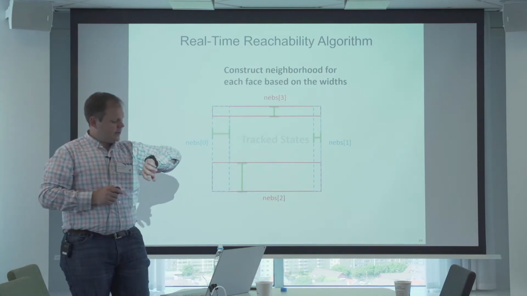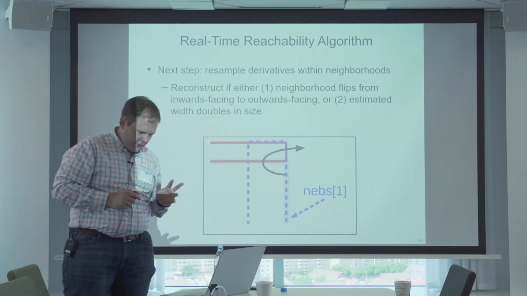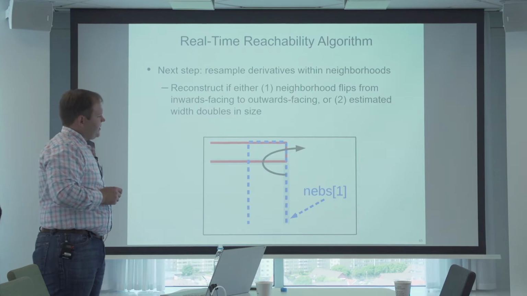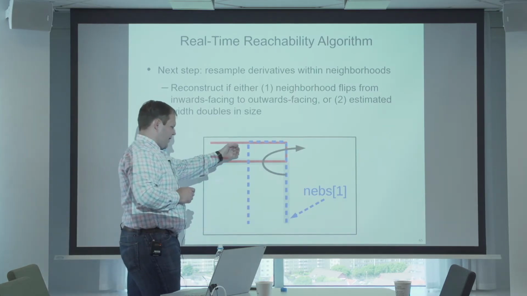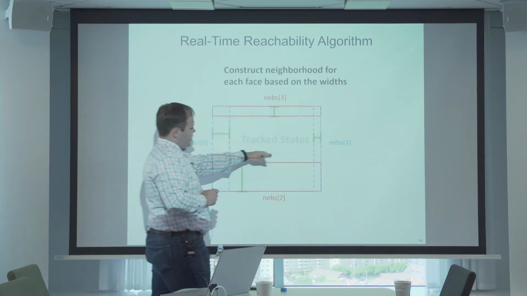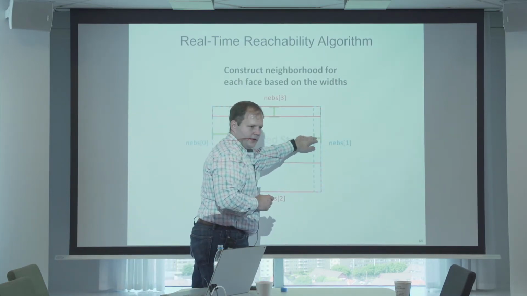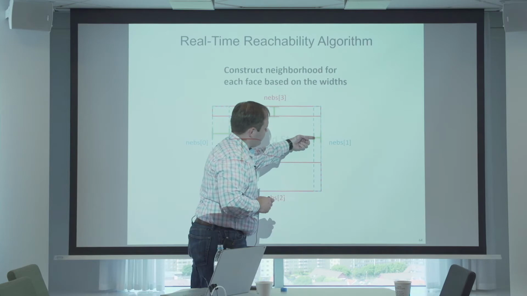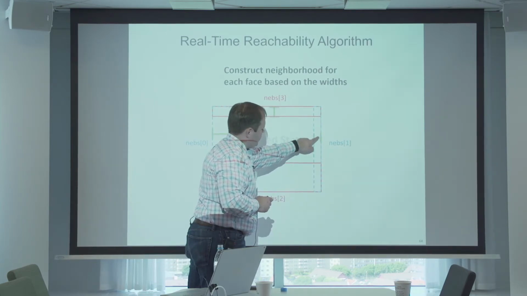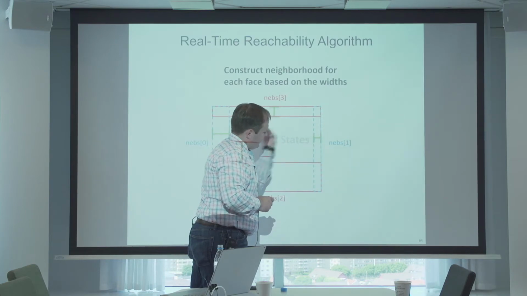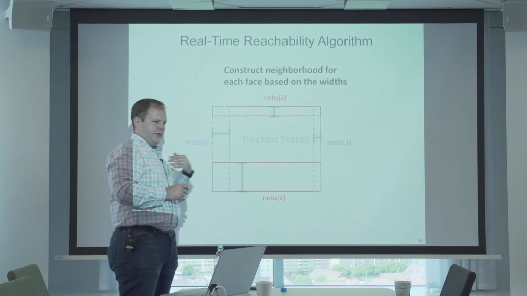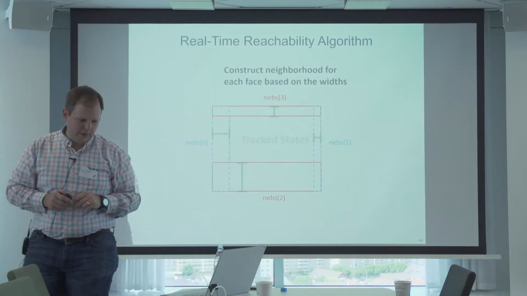Let me see how much time I have. I've got about five-ish minutes. So there are a couple of details. Because the vector field potentially could be changing within this neighborhood, at this point the vector field might be different than at that point, or maybe it changes direction. Maybe it was going out this way, and then all of a sudden it's coming back inward, or it was going inward, and then it changes to be going outward.